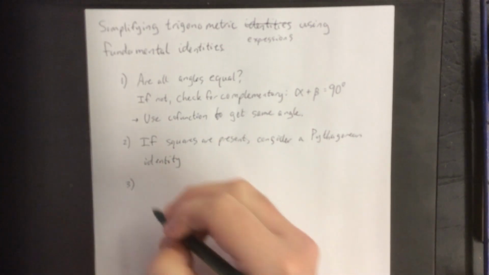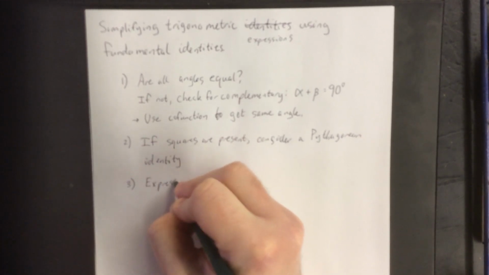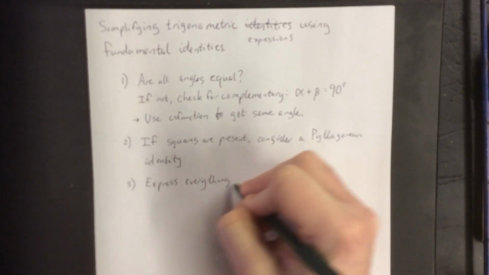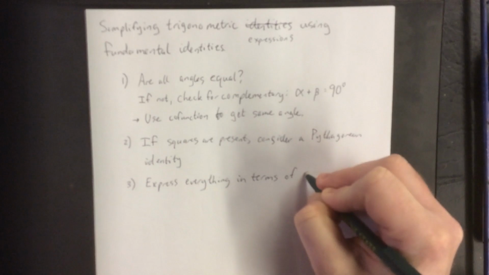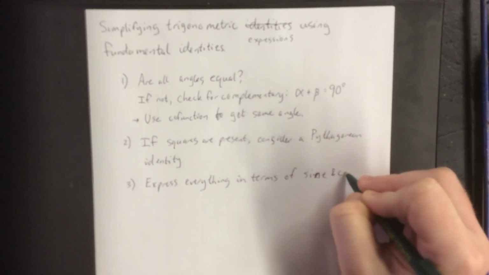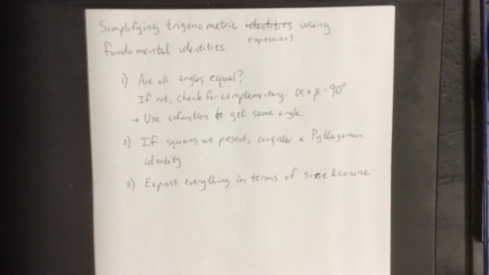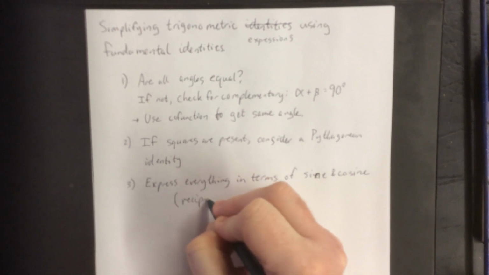So another strategy is going to be express everything in terms of just the sine and the cosine, which is always possible using the reciprocal and quotient identities.